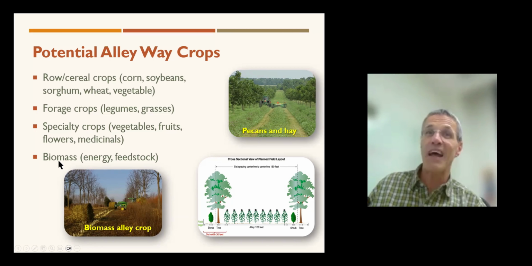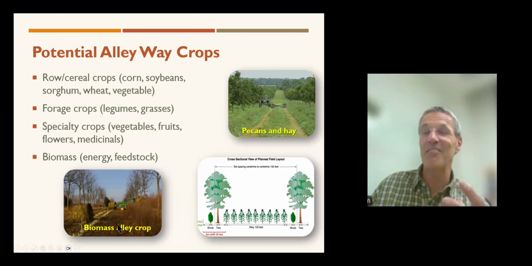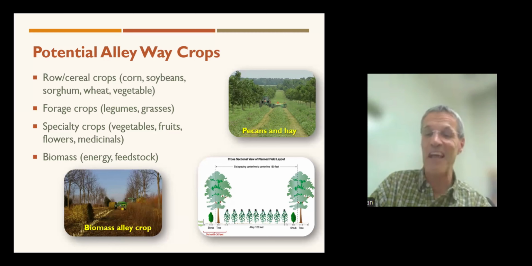And sometimes it's actually where they grow large trees for wood and then shrubby, which is not really alley cropping in a traditional sense in agroforestry, because it's almost all forestry, but it's sort of in that same configuration where they grow trees for wood and then they grow shrubs like willow as a biomass alley crop, both woody components. So it's not agroforestry in a traditional sense.